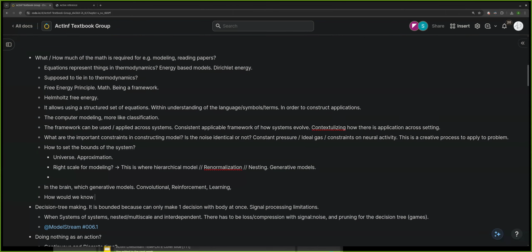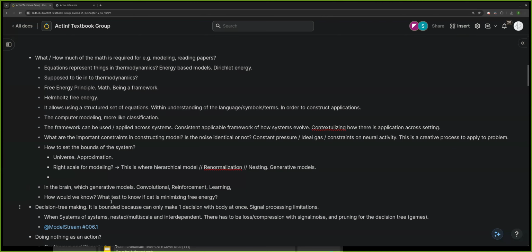And again, it's not really a question of, in my view, what is happening, but rather how can we formulate it? How can we describe it?